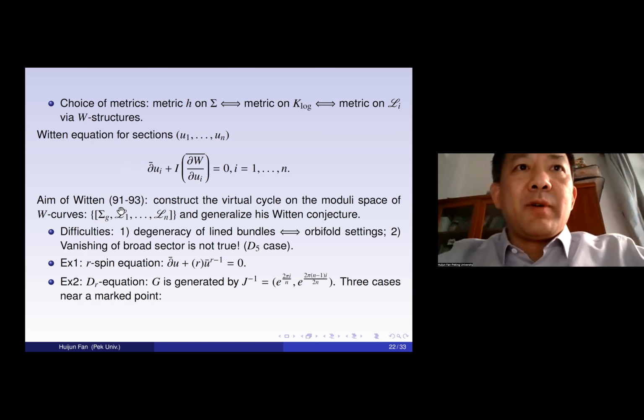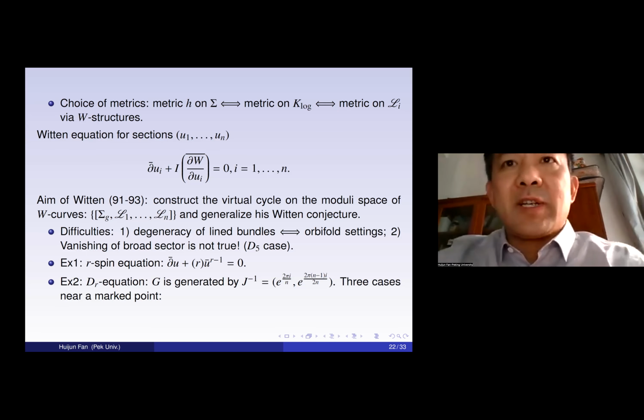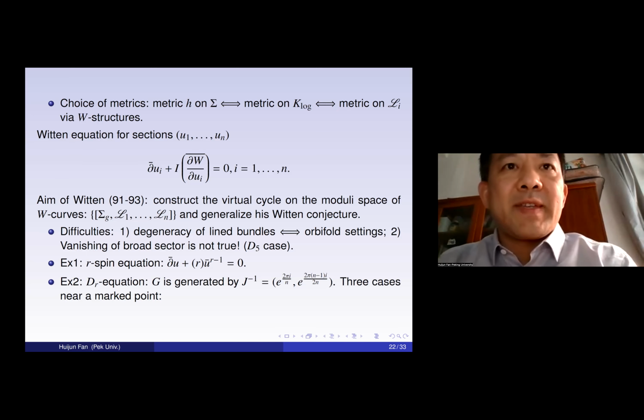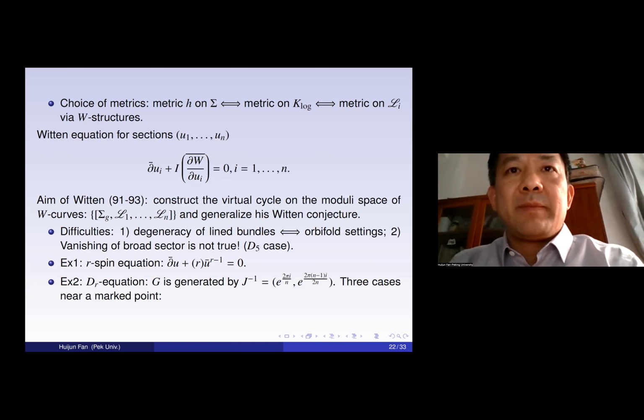The aim of Witten is to construct the virtual cycle on the moduli space of W curves and generalize his Witten conjecture, because the Witten conjecture says the intersection numbers of psi classes defined on the moduli space of curves should be related to the KdV hierarchy.